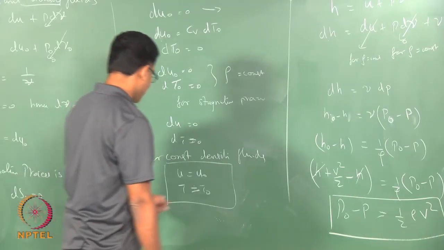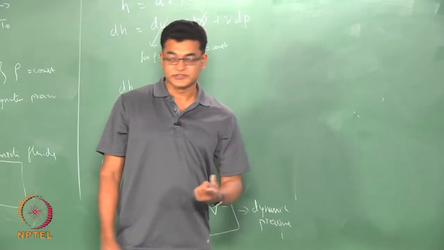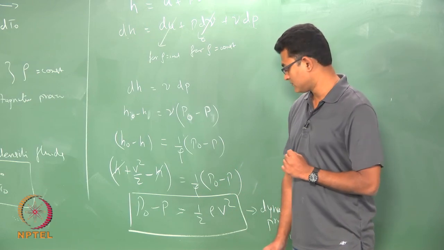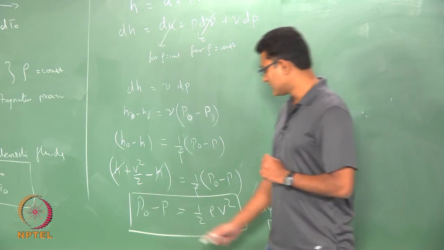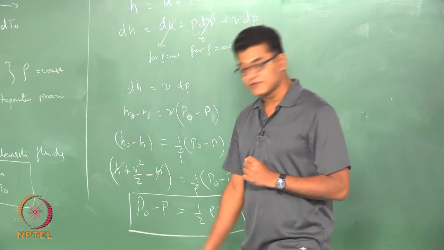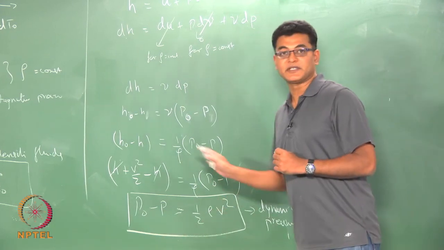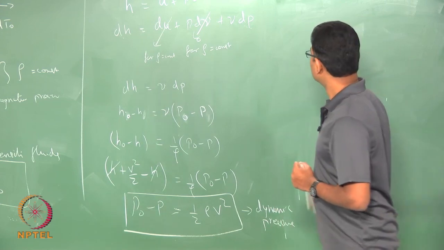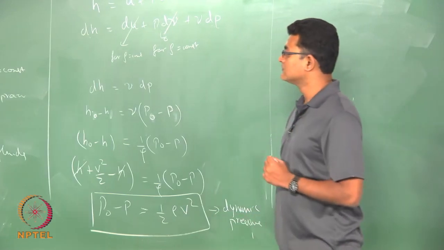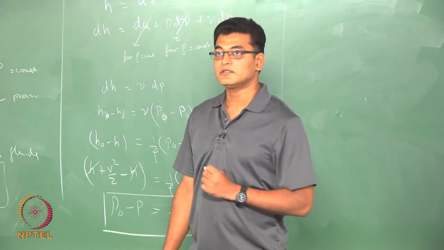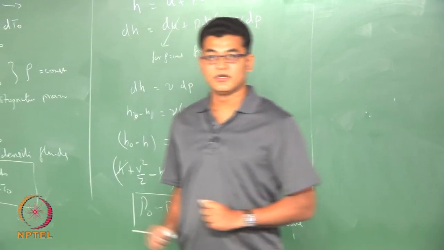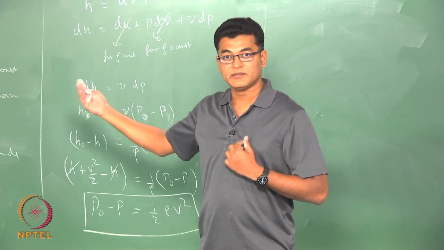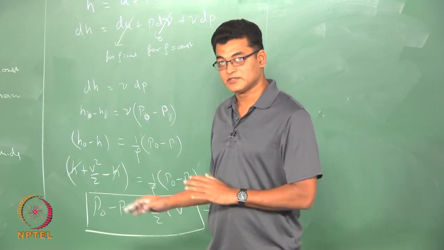So, your T is same as your T0, u is same as your u0, but P is not same as your P0. The stagnation pressure minus your static pressure for a constant density fluid is your dynamic pressure. So, that is a short lecture on constant density fluid, how you can reduce the relations we learned in the previous lecture to your incompressible flow relations.